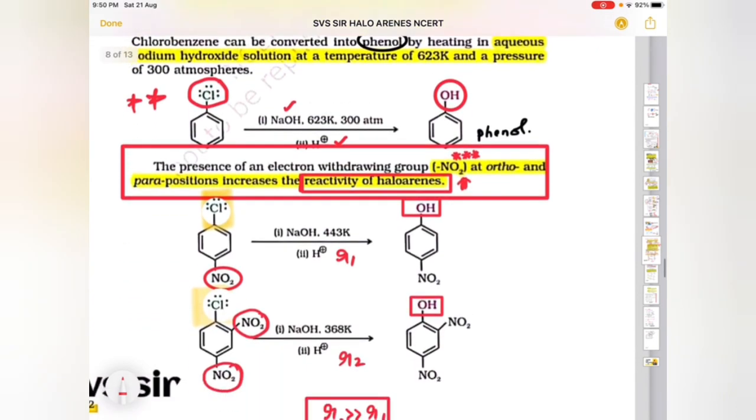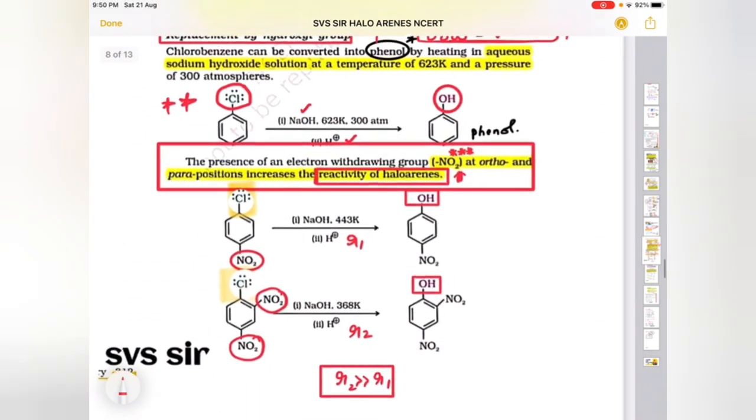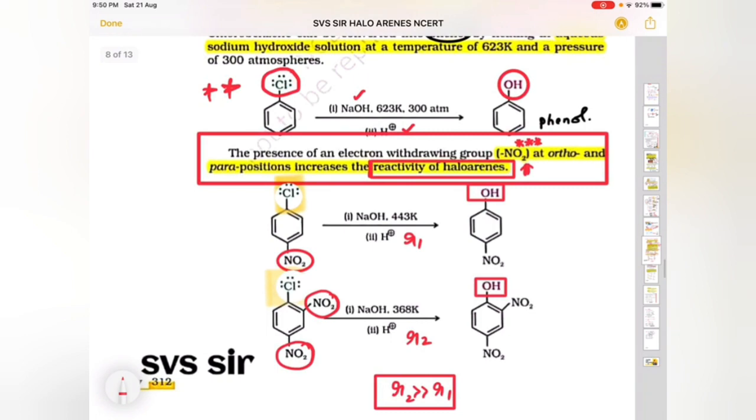But very important, if electron withdrawing groups like NO2 are present at ortho or para position, reactivity will increase.